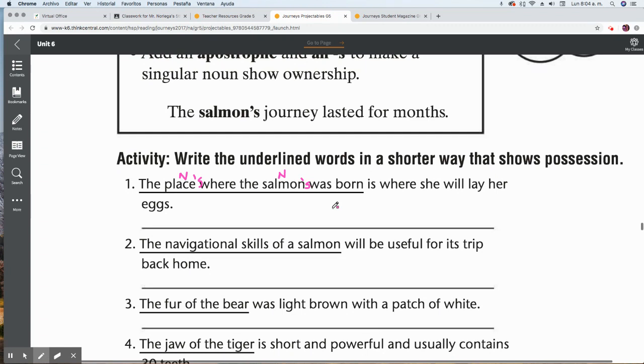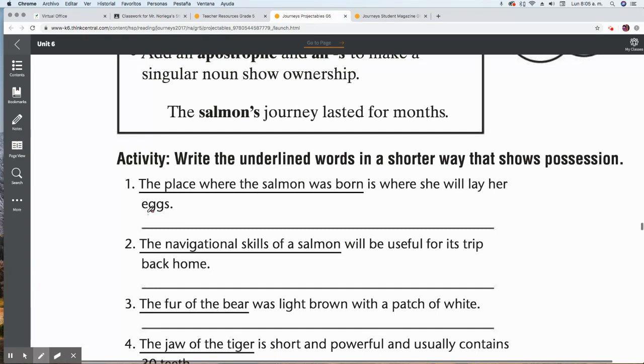Which one will be the better option here? The place's where the salmon was born, or the salmon's place. In this case, we need to use salmon, and we need to change it into a singular possessive noun because the underlined part is talking about the place where this fish was born.